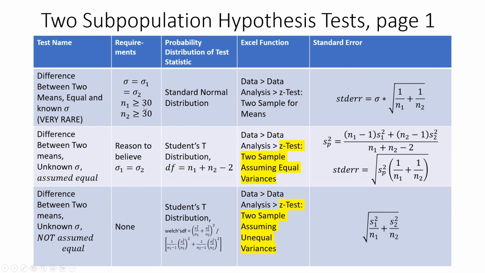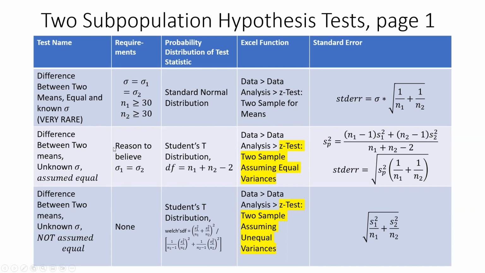And in this case, you can use the standard normal distribution for that. And there is a setup kind of interface in the data analysis tool pack in Excel that lets you do this. It's called the z-test, the 2 sample for means.